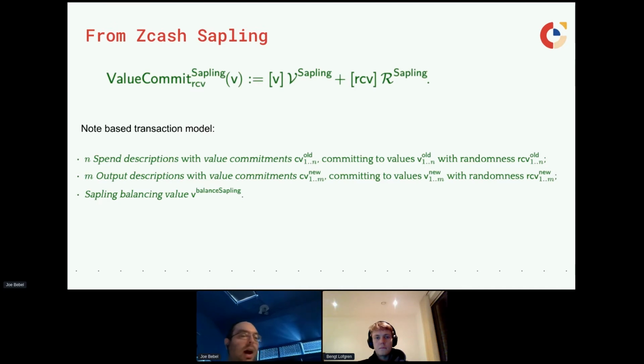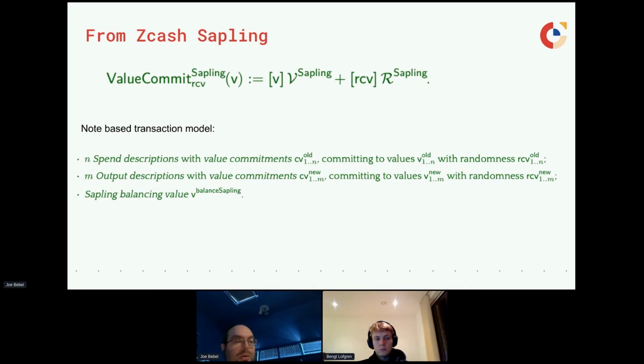And the reason that this is important in Sapling is because, by breaking each spend or output of a note into its individual value commitment, and by using the properties of this value commitment, you can efficiently compute one zero-knowledge proof per spend or per output.